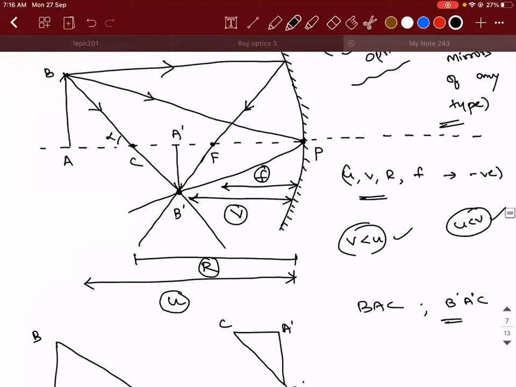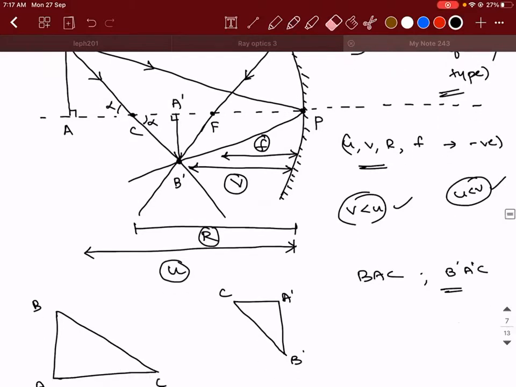If I take this angle as alpha, this angle will also be alpha. And this is 90, this is 90. So according to the AA criteria, can I say that BAC is similar to B dash, A dash, C? According to the AA criteria, the angle criteria.